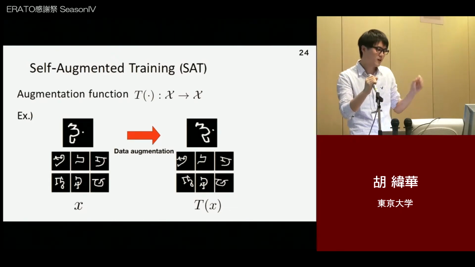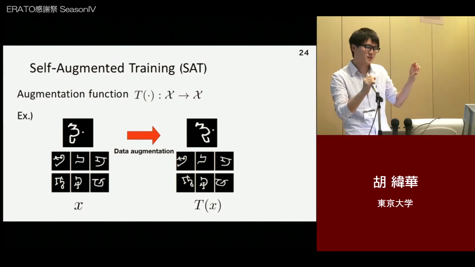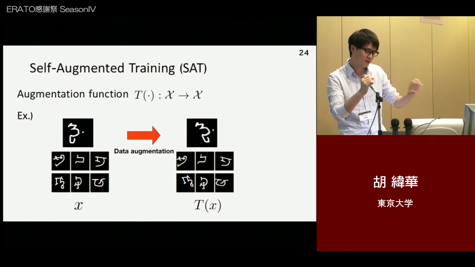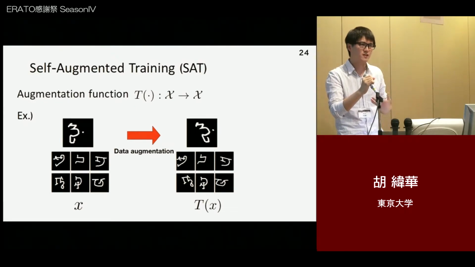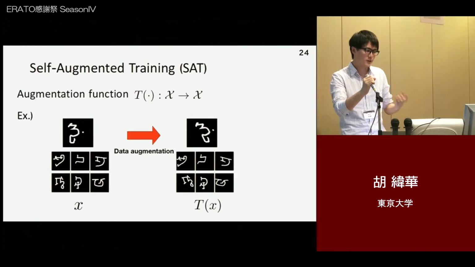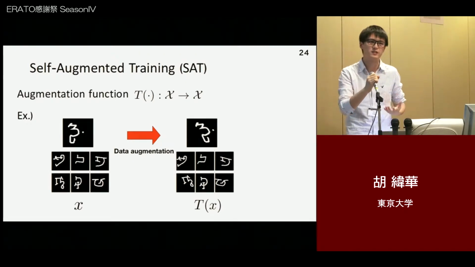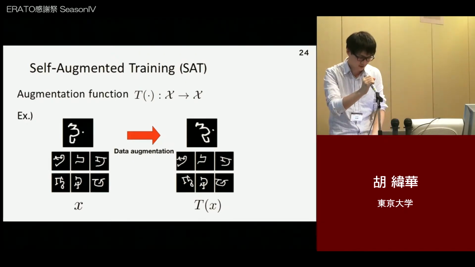So in this figure, we have some handwritten characters, and we see that by rotating or translating these images, the meaning of the images still remains the same. So we assume that this is predefined by users.